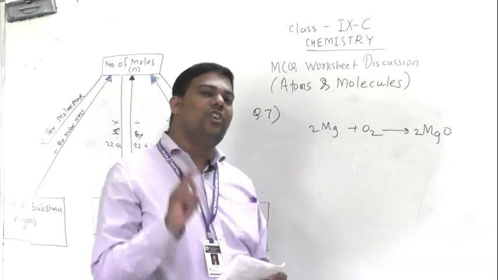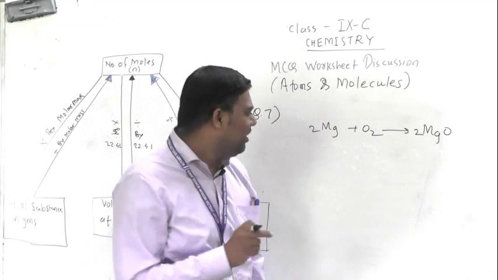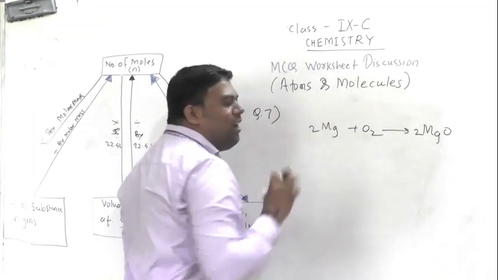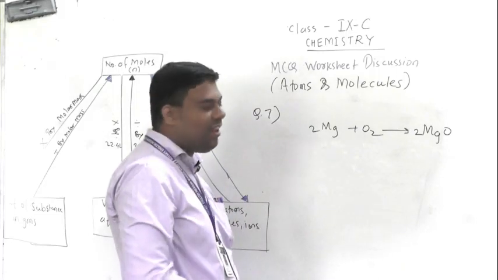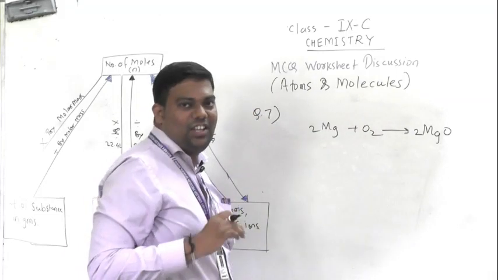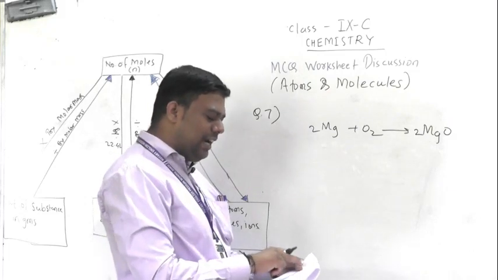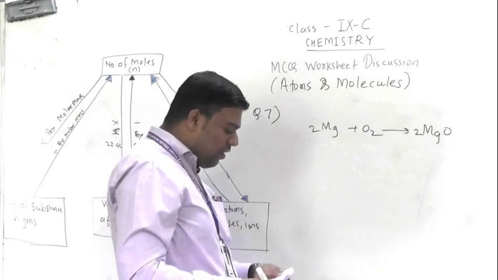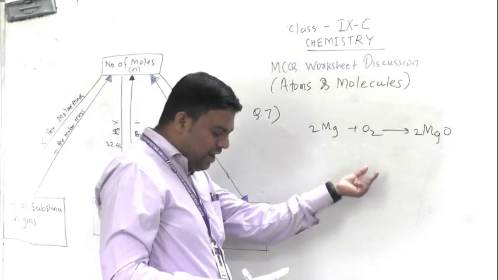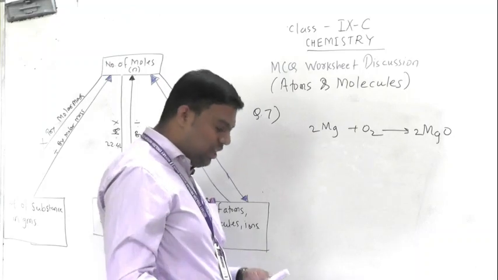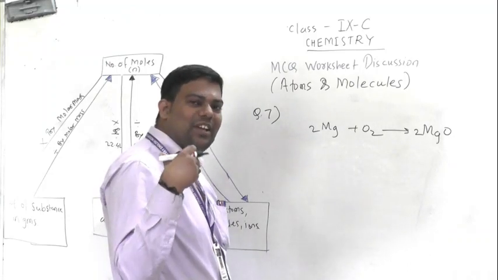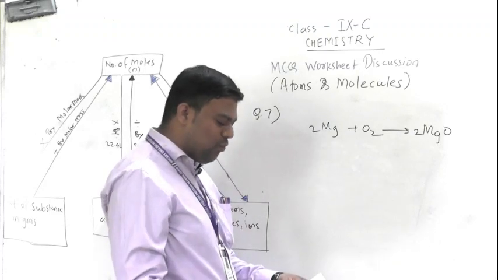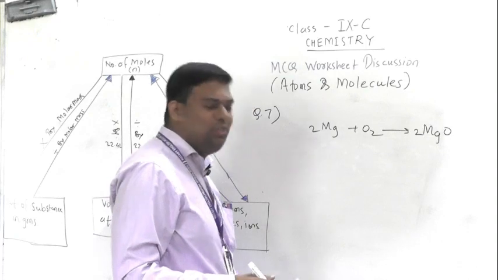On 96 grams of magnesium on complete burning with oxygen, how much is produced? The options are 100 grams of MgO, 120 grams, 140 grams, 160 grams.